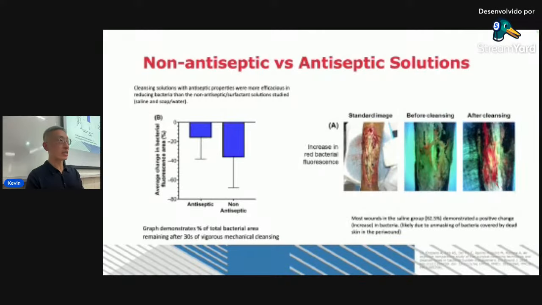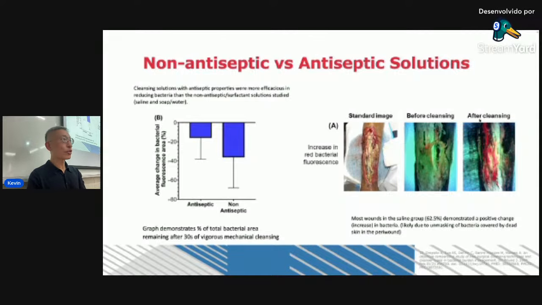You can see there's a lot of fluffy tissue. It doesn't look extremely healthy. Versus after, when we use the molecular light to look at the wound, there's not a lot of bacteria. You don't see a lot of red discoloration indicating heavy bacterial growth.